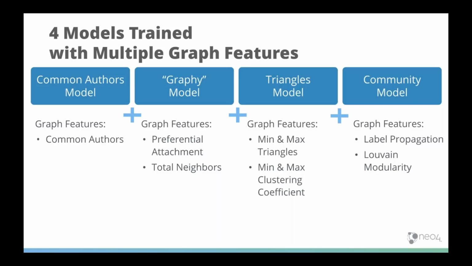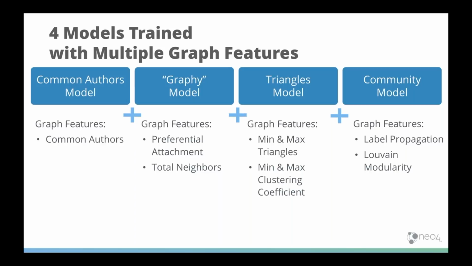We saw on the last slide the common authors feature that was included, but we used a model that just had common authors. And then we added in what we were calling graphy features. So we added in that preferential attachment and the total neighbors algorithms that we talked about. I think we tried some other ones as well, but they didn't actually make it better. So we took them out again, and that's quite a common thing.